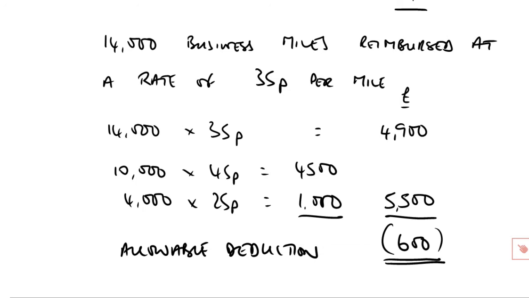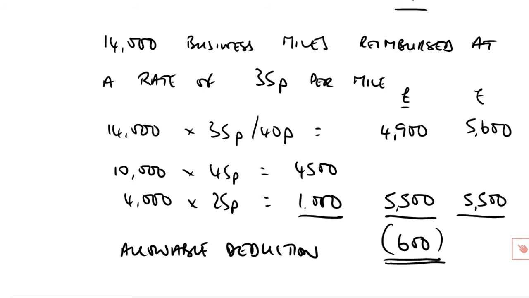Compare that with, say, what would have happened if you had been reimbursed at a standard rate of 40 pence. 14,000 at 40p is, I think, £5,600. You've actually been reimbursed with 5,600. The authorised rate hasn't changed, of course.